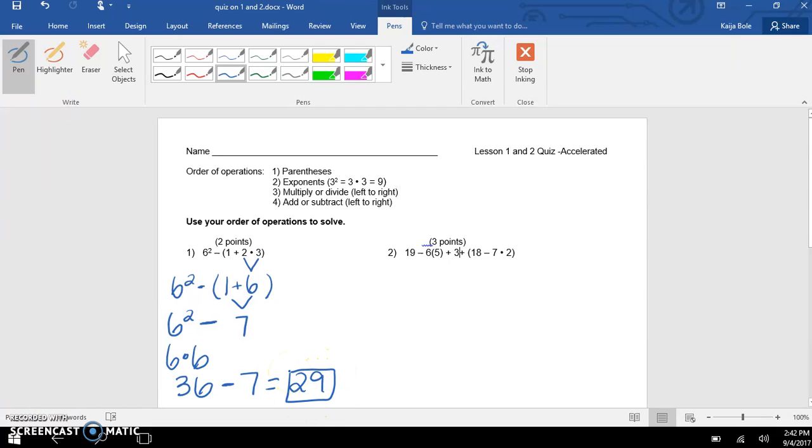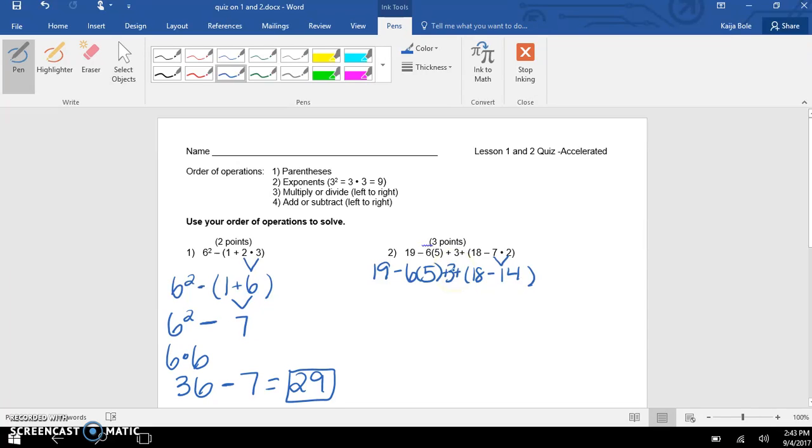Now if we move on to number 2, over here we've got a lot going on, but we do have parentheses first. And inside those parentheses we need to multiply. So we're going to do 7 times 2, which is 14. Bring everything else down. Alright, we do have more work to do inside the parentheses.